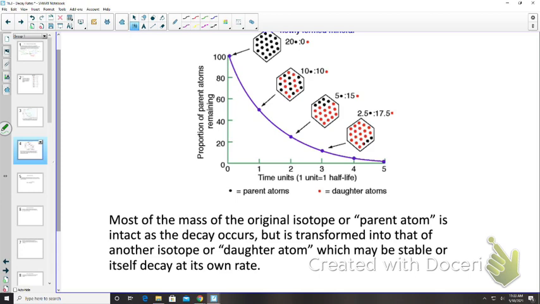But this is going to be transformed into that of another isotope or daughter atom, which may be stable or may itself be unstable and would decay. Remember last lesson we talked about the radioactive decay series. If the parent nucleus decays into something that itself is unstable, it will decay again until we find a stable nucleus.